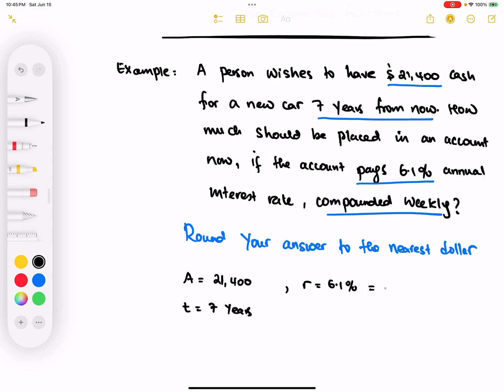You have to convert into decimal, so you have to divide it by 100, so this becomes 0.061. And compounded weekly means, how many weeks do we have in a year, which is 52. That is compounded weekly. So the payment is generally per week.